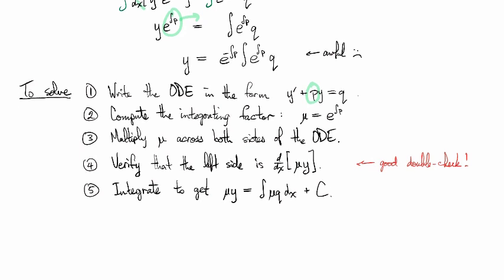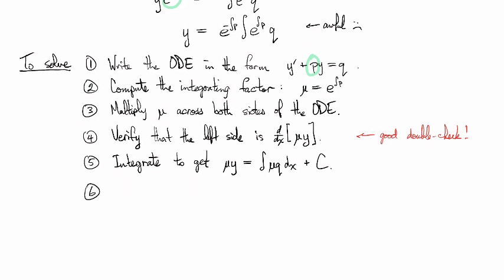And then you solve for y just by dividing the mu over to the other side. So we'll have y equals 1 over mu times the integral of mu q dx, plus c over mu. There you go.